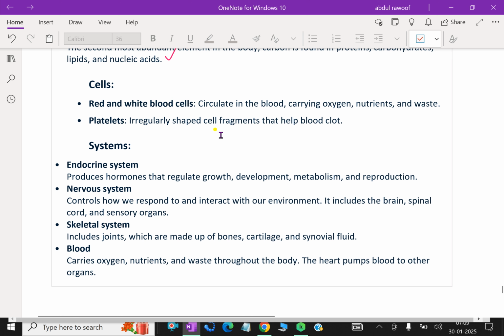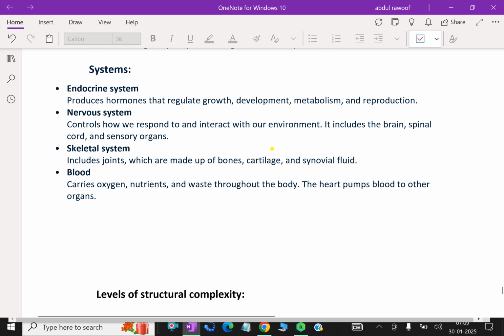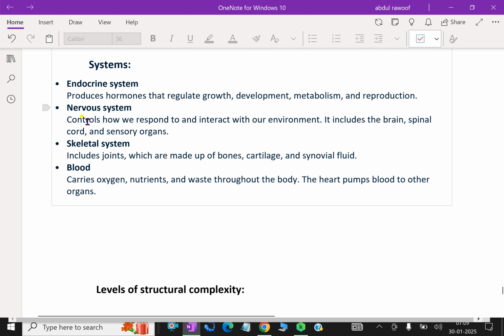Cells: red and white blood cells circulate in the blood carrying oxygen, nutrients, and waste. Platelets are irregularly shaped cell fragments that help blood clot. Systems: the endocrine system produces hormones that regulate growth, development, metabolism, and reproduction.